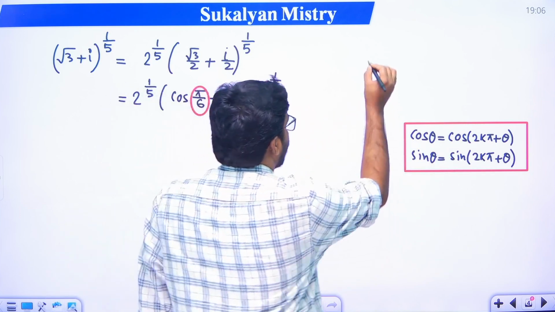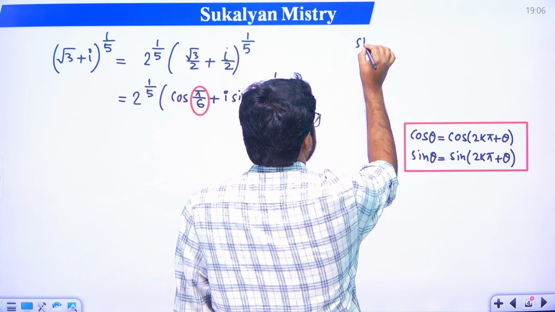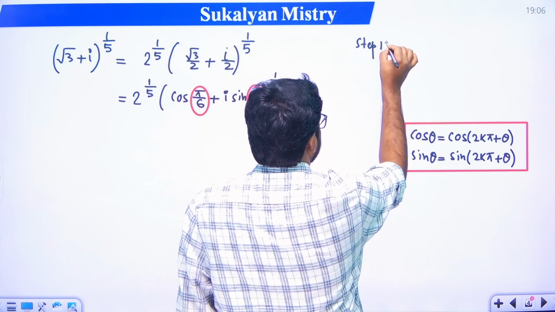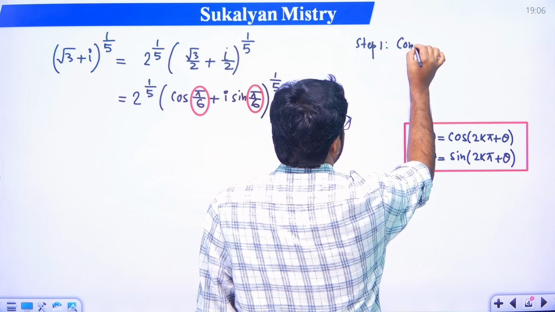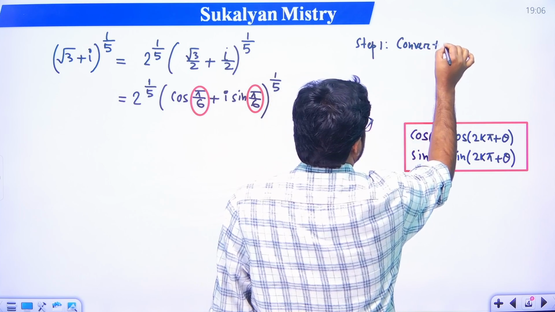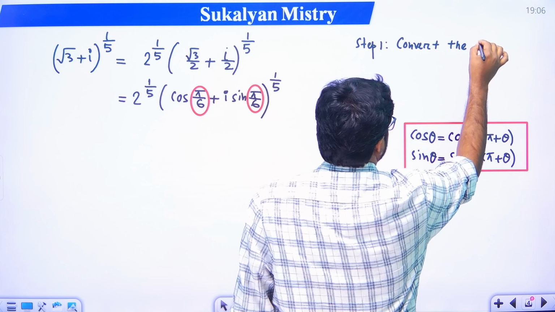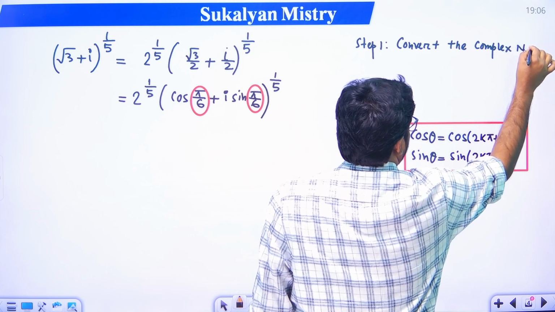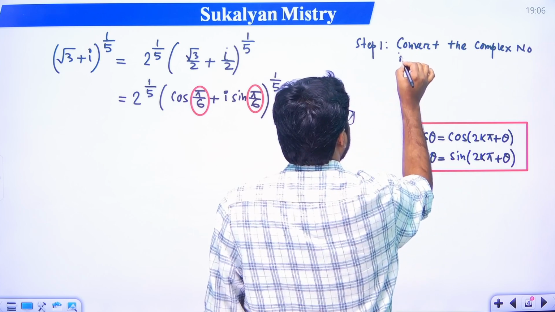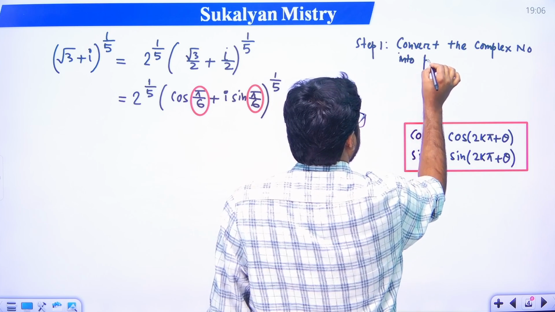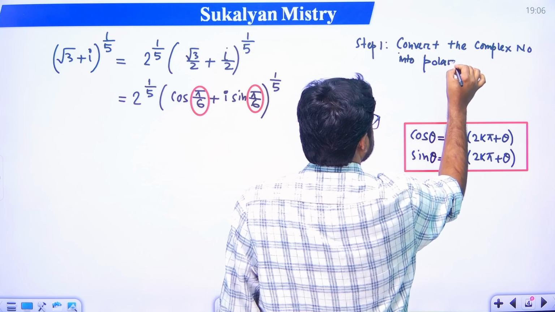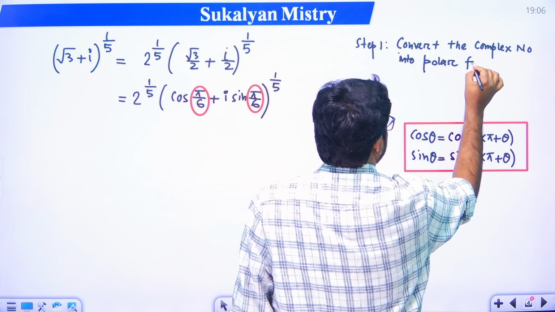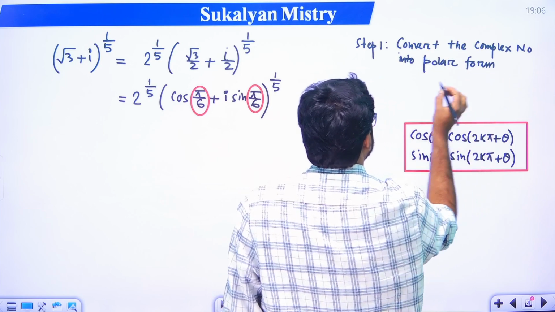So step 1 is to convert the complex number into polar form. That is the first step.